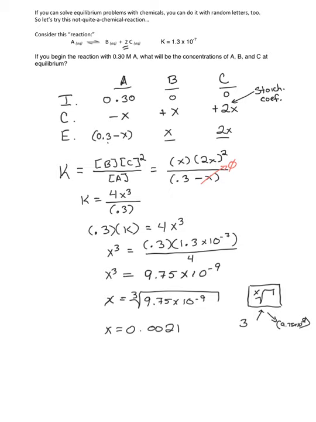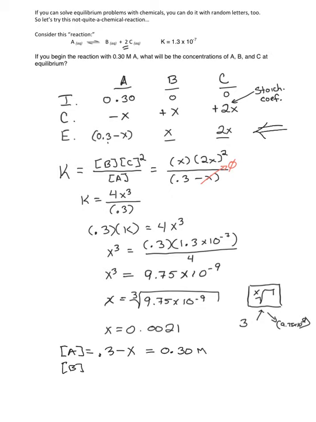Now, though, I want to know what the concentrations actually are. We don't stop when we get x. We use x to figure out this row of concentrations. So the concentration of A is 0.3 minus x, but we just decided that that's essentially 0.3 to the 2 significant figures that we have. So we're just going to leave that as 0.3 molar.